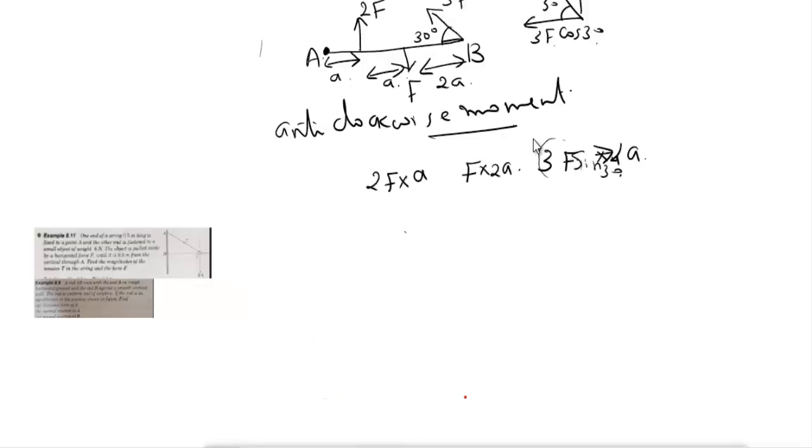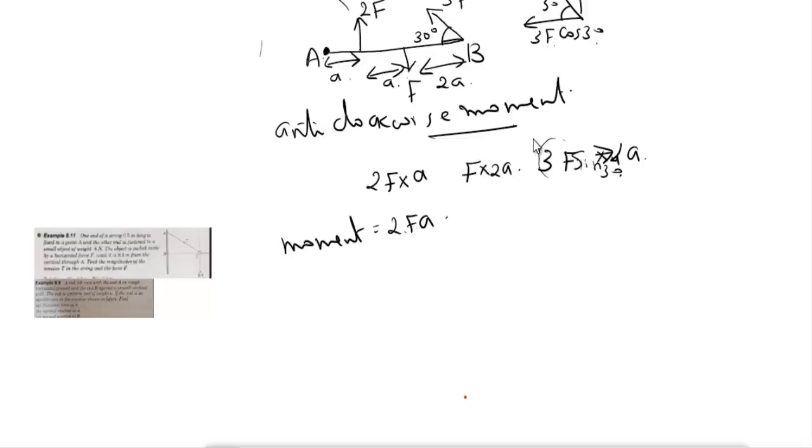And then here, because of this 2FA, in which direction is it acting? It is in the anti-clockwise direction. Here we require anti-clockwise moments only, right? So because of 2F, it is moving in the anti-clockwise direction. So it has 2FA. F into 2A is acting in the downward direction.